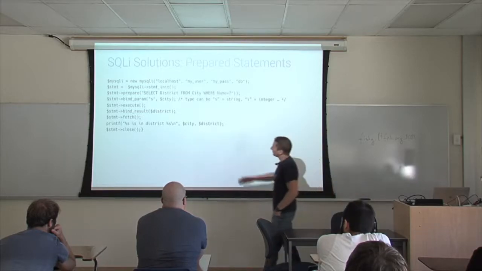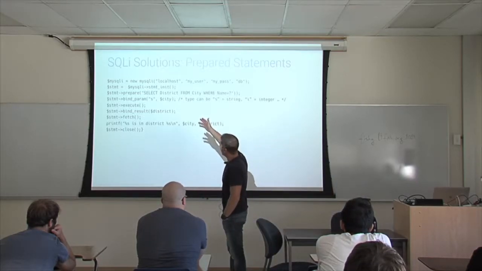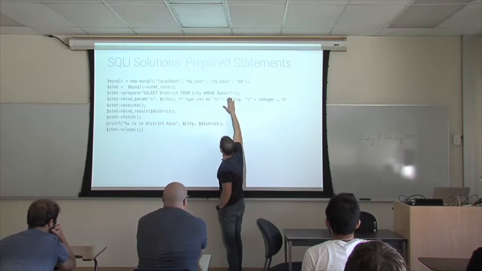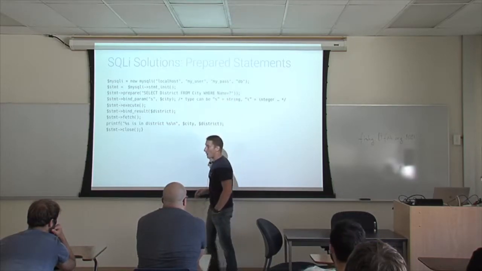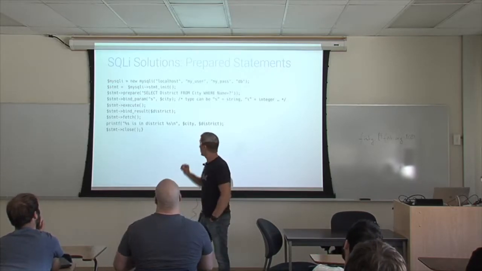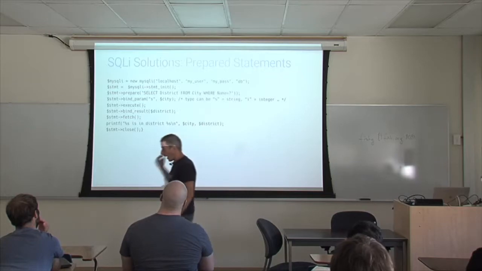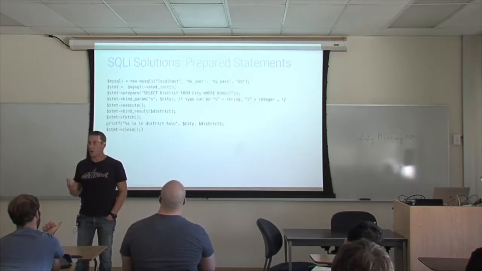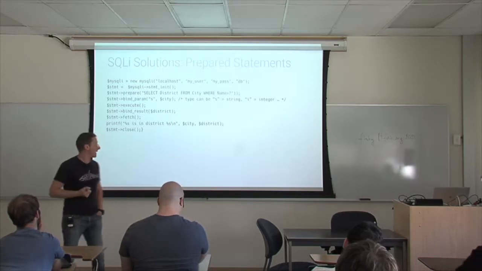This is an example in which there is a statement. You can see that here you prepare the statement saying, okay, there is only one parameter, and that's that question mark. By doing that call to prepare, you actually have pre-parsed the query before it is actually executed.